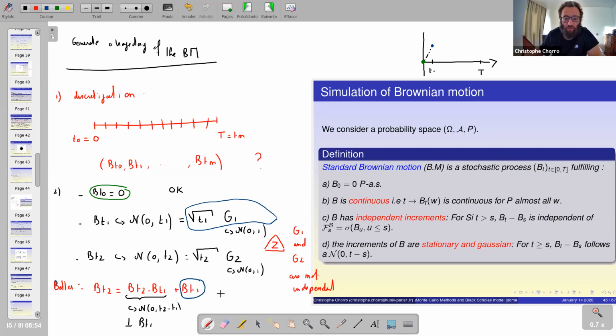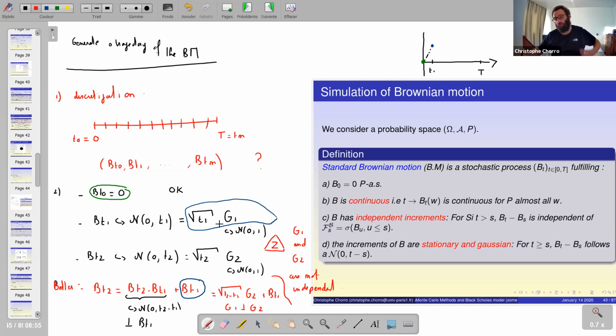So it means that if I want to do the job here, I have simply to generate square root of T2 minus T1 times G2 plus B_T1, where G1 is independent of G2. So now, instead of doing the problem directly, making appear the increment between T1 and T2 in the expression of B_T2, I am able to come back to the case where I have to generate a G2 that is independent of the first Gaussian I have used.